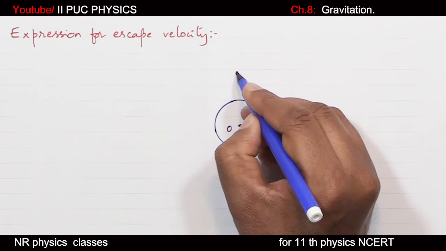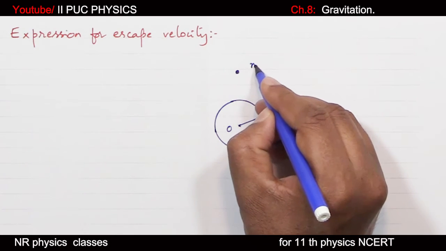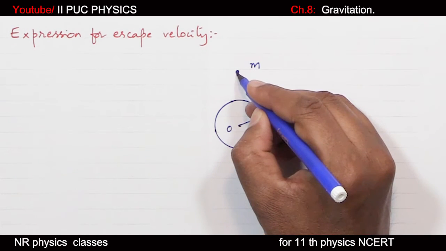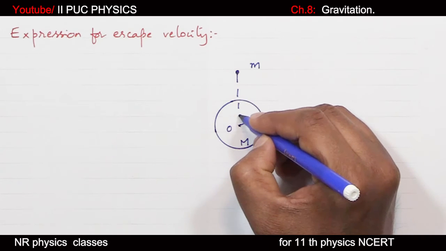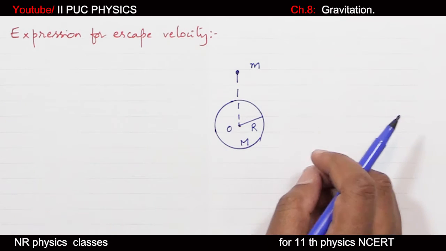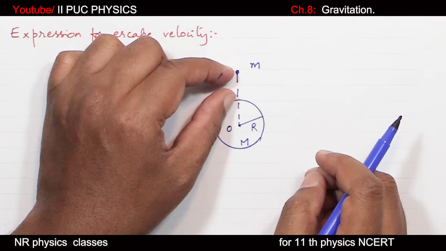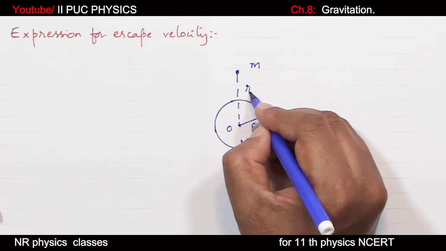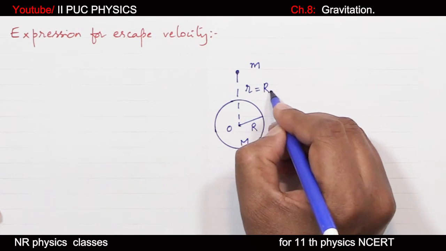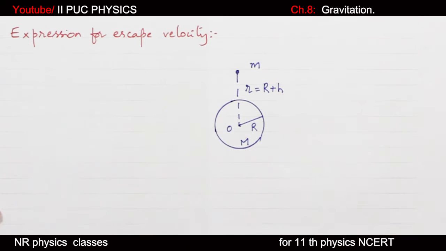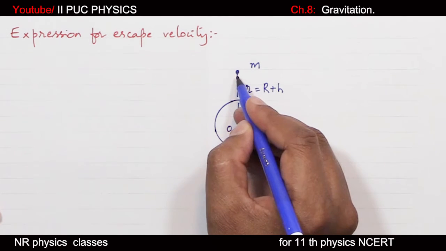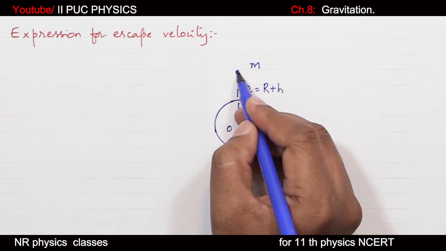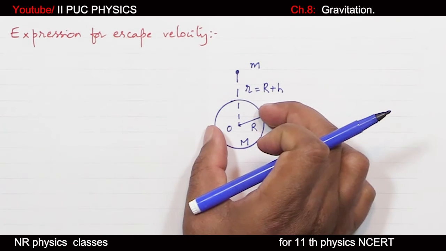If this is a satellite of mass m, spaceship of mass m, revolving at a height h from the surface of the Earth, or at a distance r from the center of the Earth, which is R plus h. It is already revolving. It is held by the gravitational pull of the Earth, isn't it?